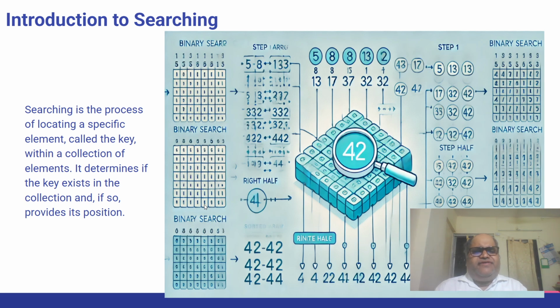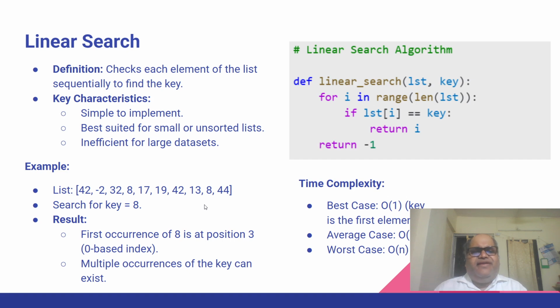A formal definition of searching: this is the process of locating a specific element, called the key, within a collection of elements. It determines if the key exists in the collection, and if so, provides the position. Now, linear search checks each element of the list sequentially to find the key.